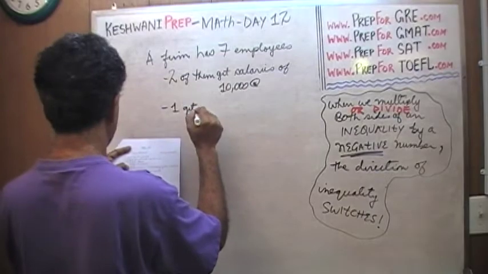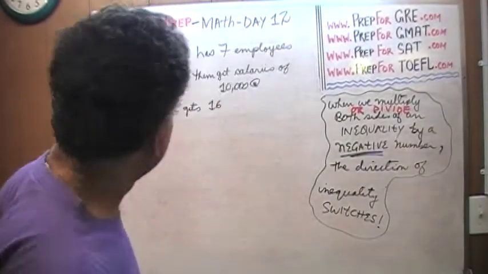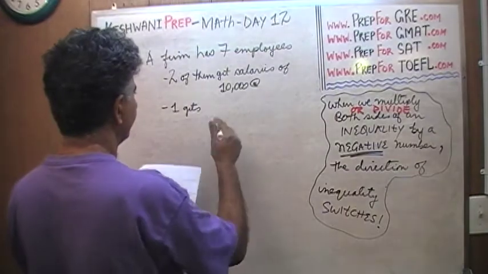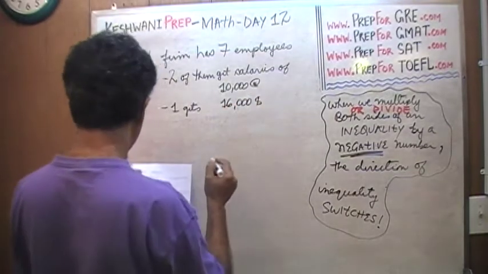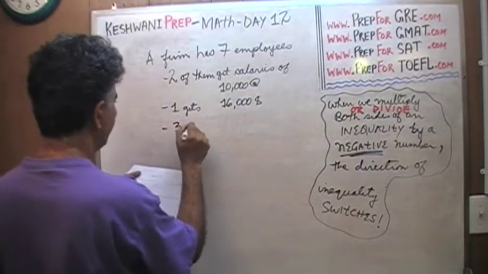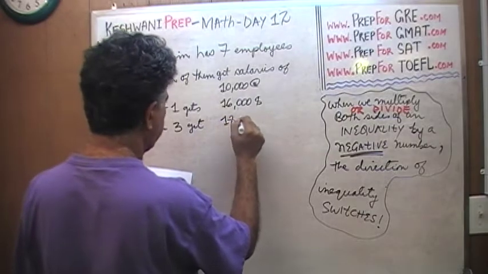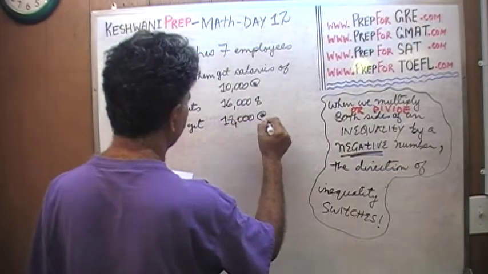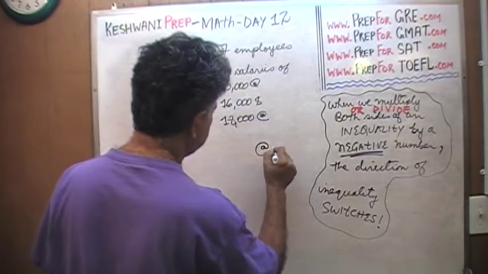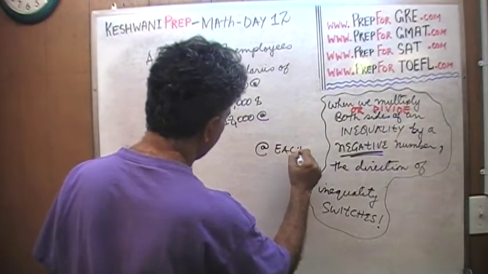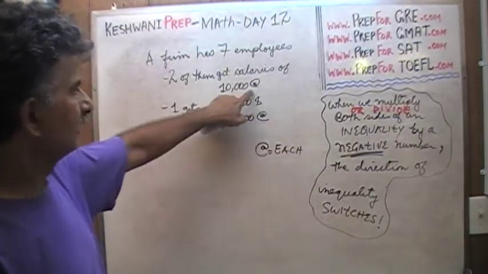One gets $16,000 and the remaining 3 get $18,000 each. For those of you who do not know this symbol, it means each. That's what that symbol is, 10,000 each.